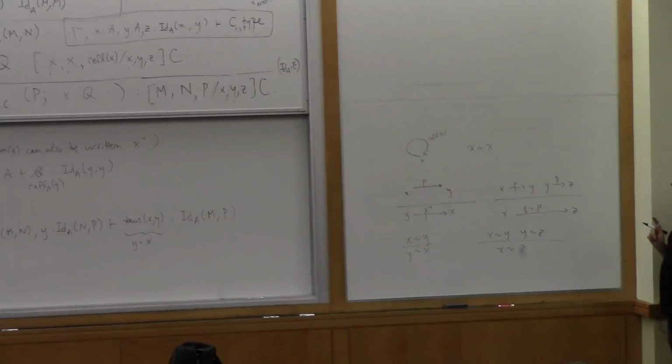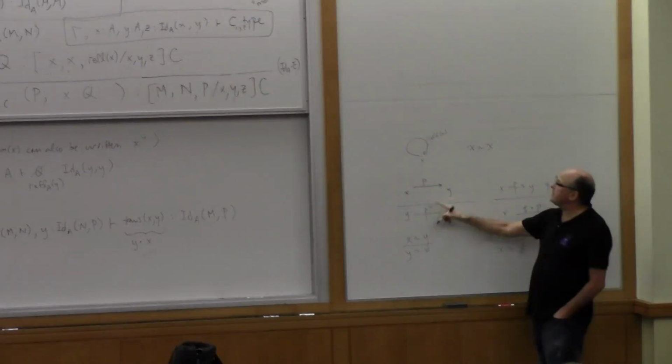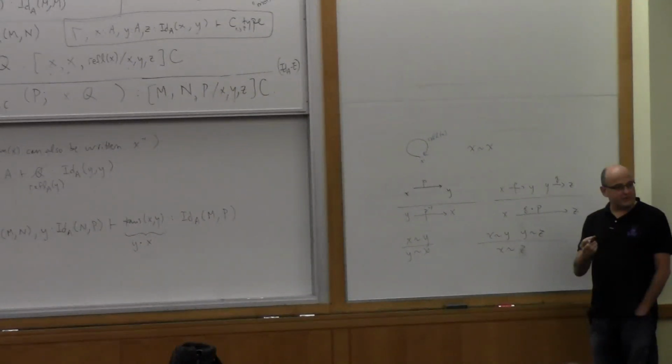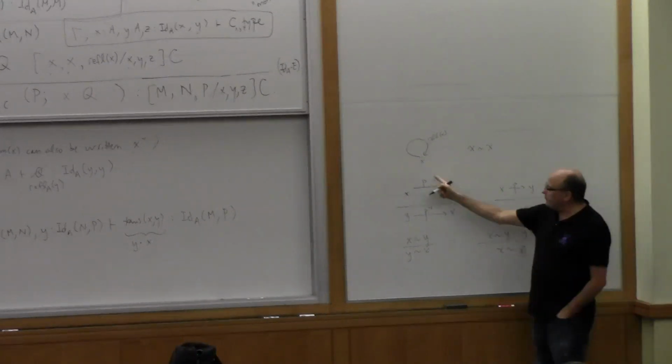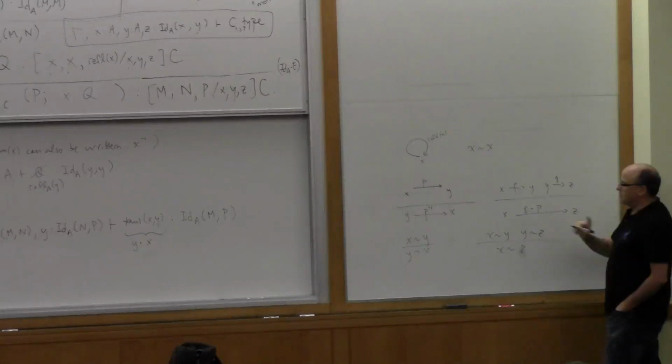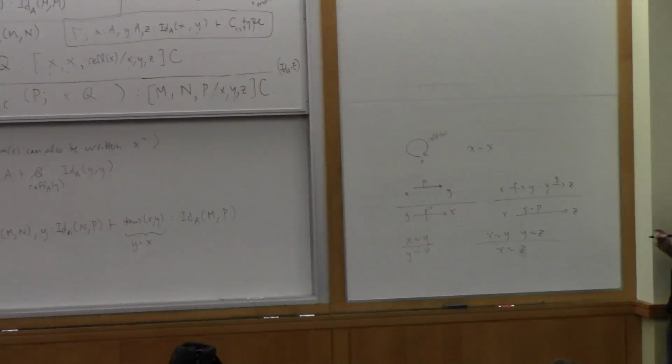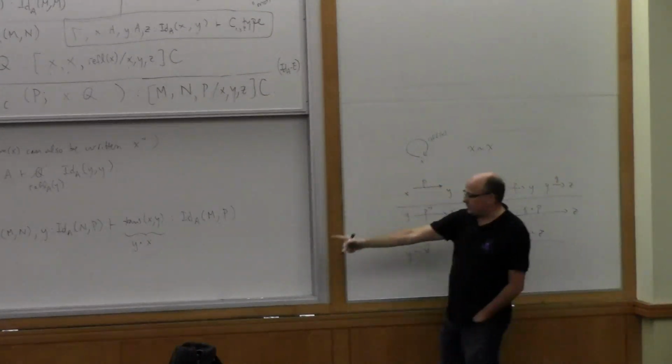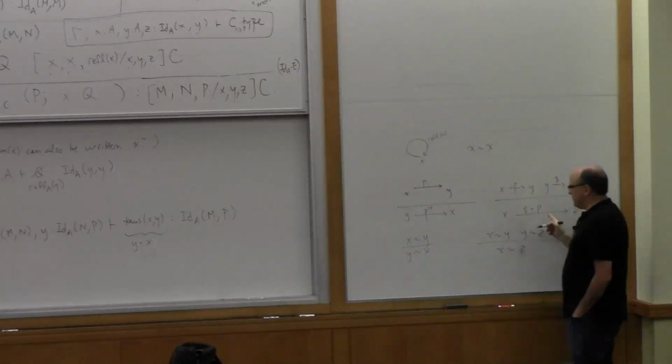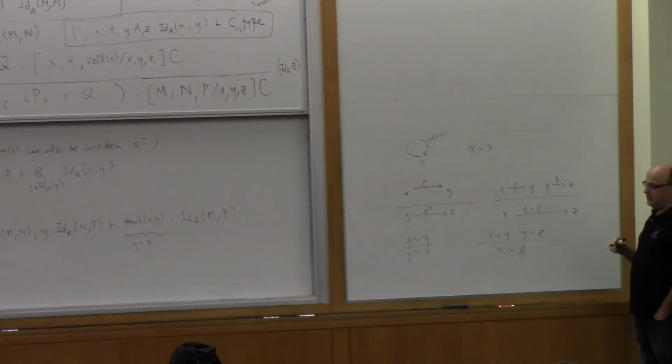But what I'm doing is equipping things with evidence because I'm a good constructivist. There are no just bald facts in the world. You have proofs of them. So these are the proof objects. There are proof objects that witness the symmetry and transitivity of the internalized equality. That's what I'm writing down.